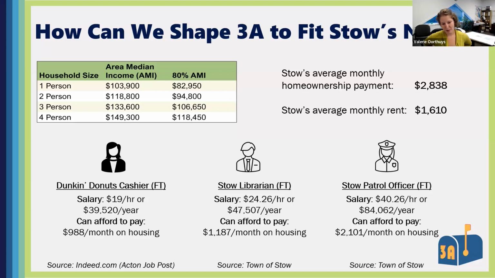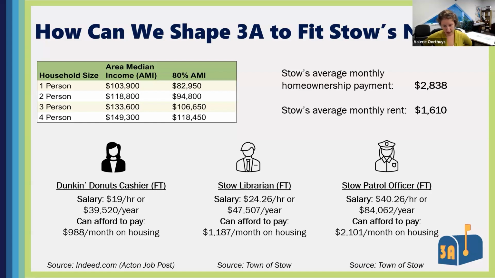Some people would say that 30% of your income is still a lot to spend on housing, but that is 30% there. So on $988 a month, you're not able to afford rent, you're not able to afford that monthly homeownership payment, and you'd be making far less than that 80% AMI.